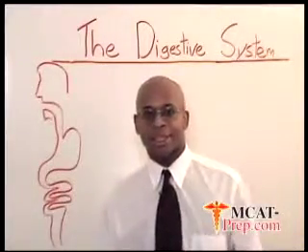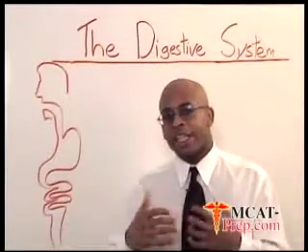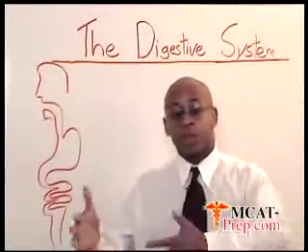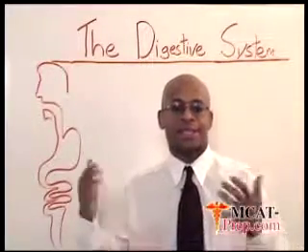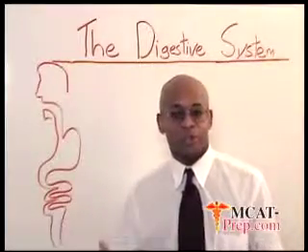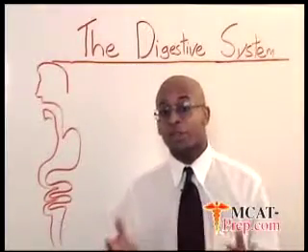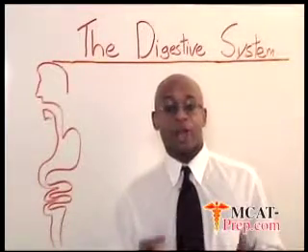The small intestine has a lot of surface area, and it increases its surface area in order to absorb all the products like amino acids and break down products of carbohydrates and so on. And it increases its surface area with villi and microvilli.